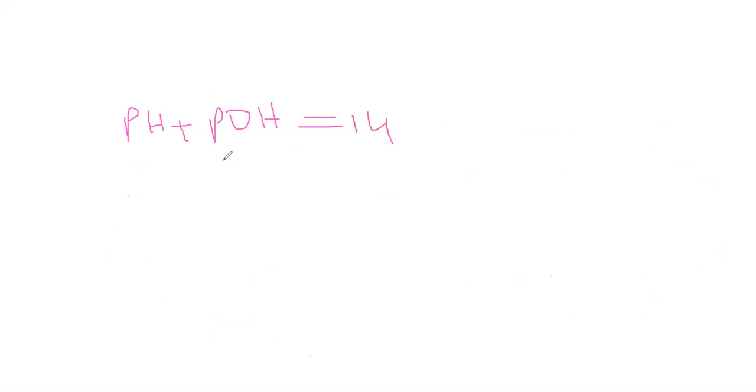This is the third very simple formula. You can calculate the pH of the base and the pOH of an acid; directly or indirectly you can convert any of the values into the other one. So here I'm using the same.